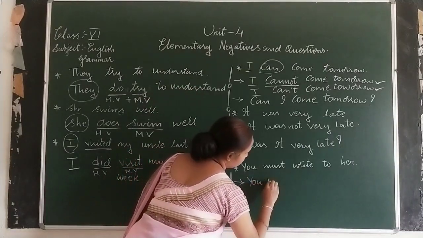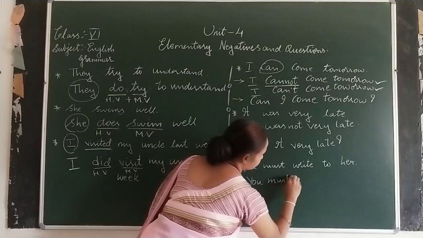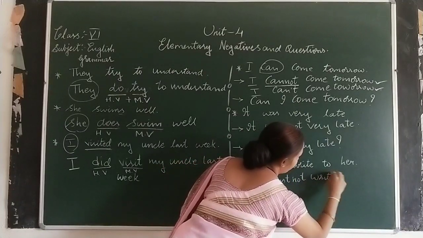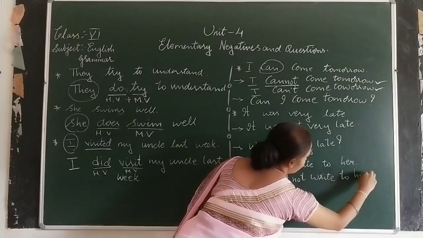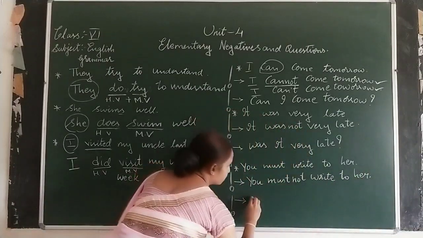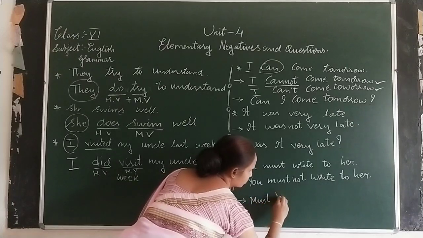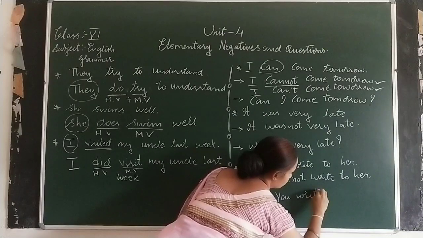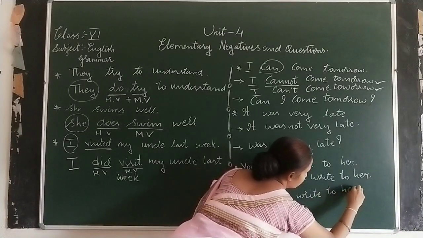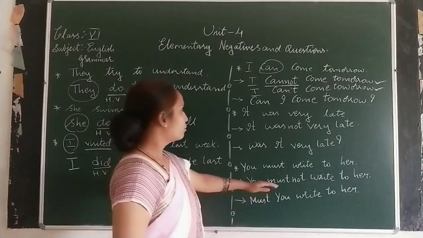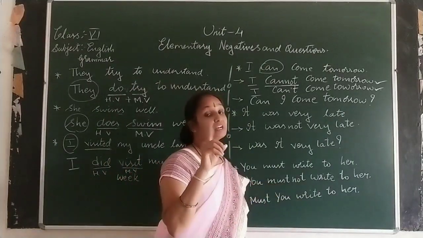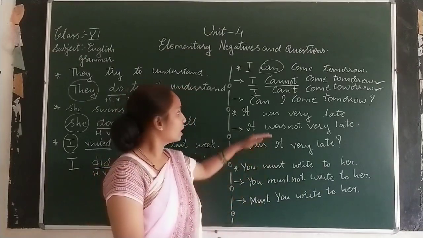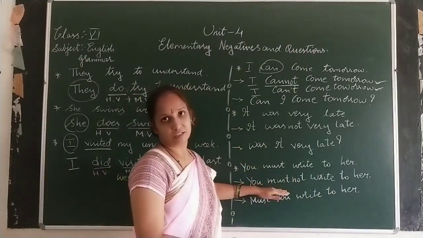You must not write to her. Must you write to her? So here for the negative sentence, I did not write the short form. You people try to write the short form for this and for this question.